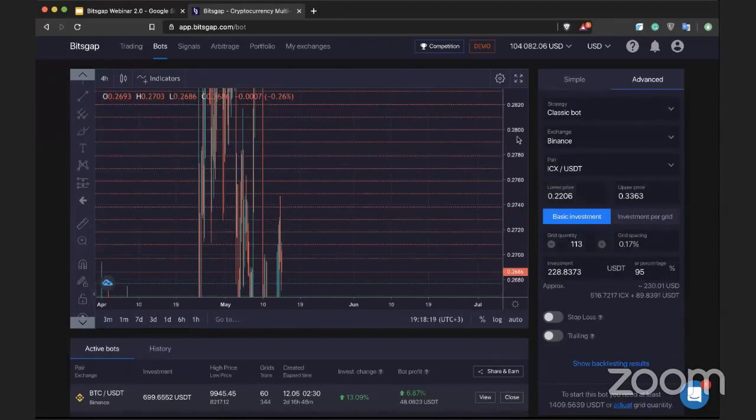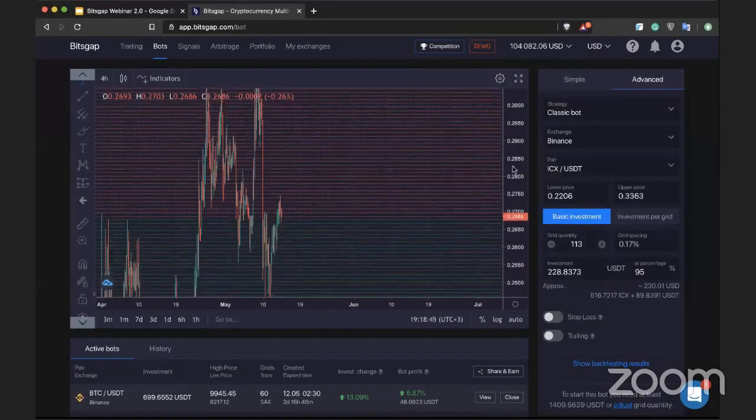0.17. But here's another advantage of Bitsgap. We take into account the fee because for the initiation of each trade, if you buy something and then you sell it, that means that each time you buy or sell something, you have to pay the fee to the exchange. All right. So we have this fee priced in this spacing.